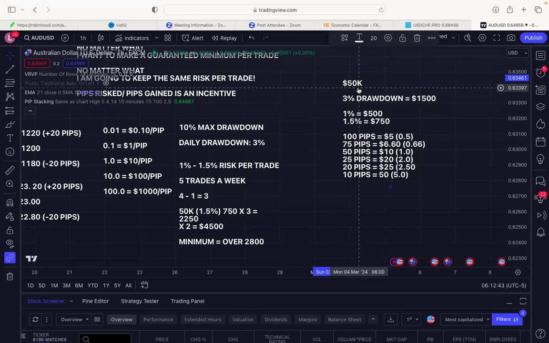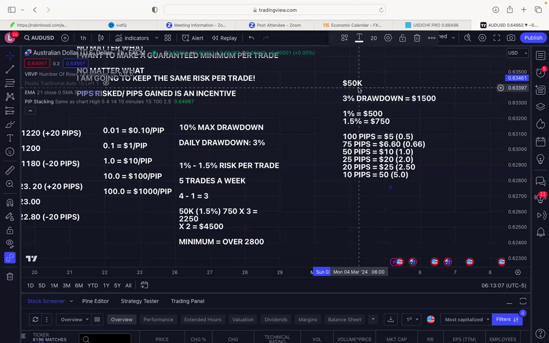So now, look, most times we're going to risk anywhere between 10 to 50 pips, right? And a lot of times 50 pips is extreme. So you can see, even when we risk 50 pips, you're still going to be making $10 per pip, which is great.